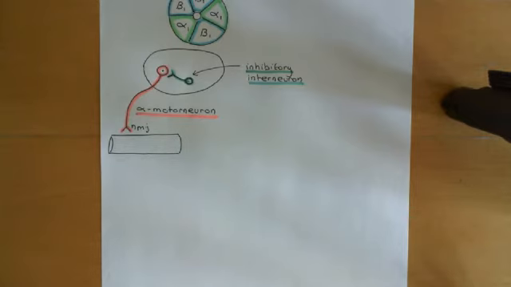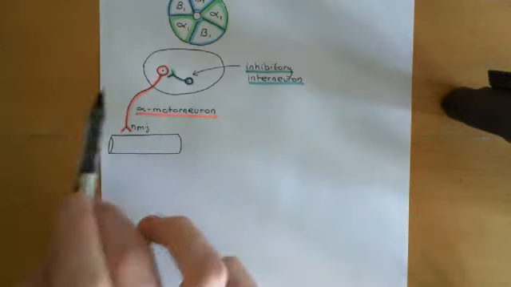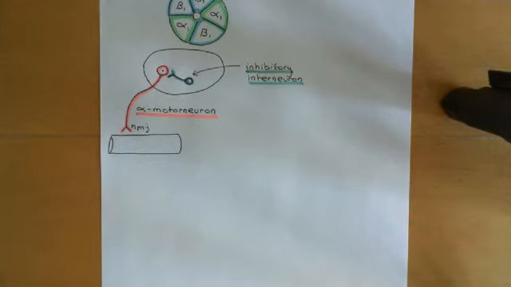which will inhibit the alpha motor neuron from firing an action potential. So the alpha motor neuron has a lot of these inhibitory interneurons synapsing onto it, making sure that it doesn't fire at too high a tonic level, making sure that muscle tone is kept at a very low level.